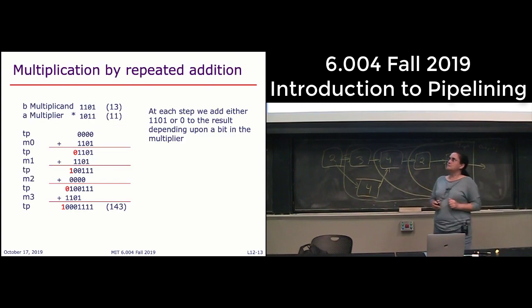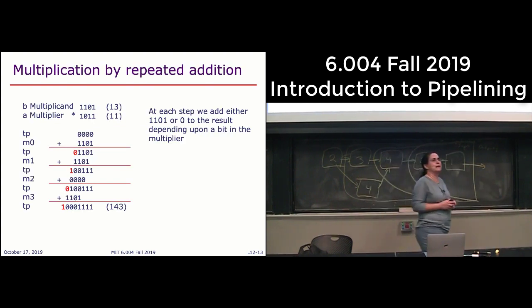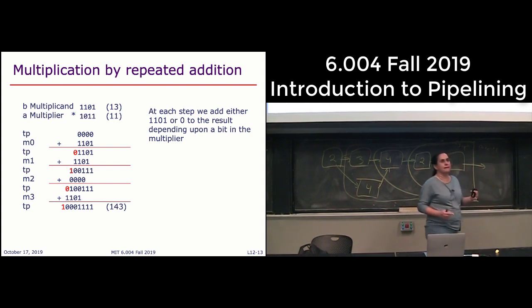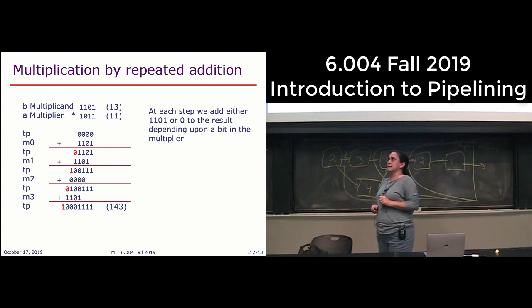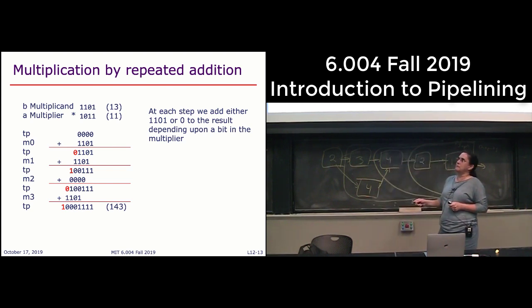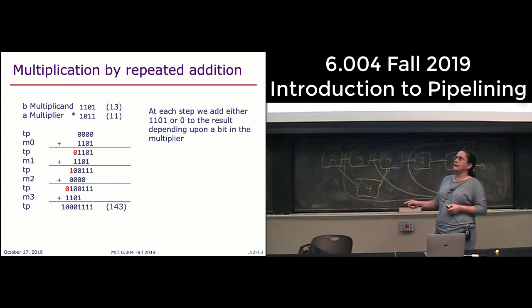Okay? So let's start out by first just going through a binary multiplication example to make sure that we all understand how to do binary multiplication. So what do we have here? We have a number 1101, which corresponds to 13 in decimal, and we want to multiply that by 11, which is 1011.